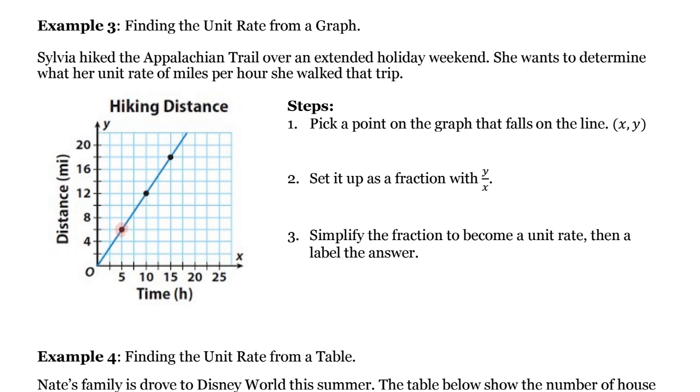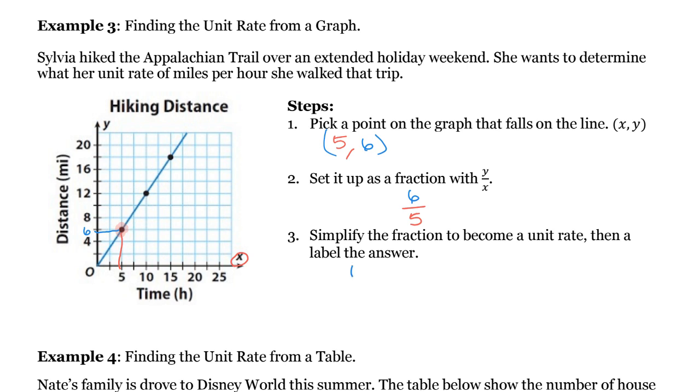Okay. So where that falls out is 5. So my x is 5. So it's 5, comma, and my y in between 4 and 8 is 6. So it's 5, comma 6. So that's the point I'm going to use. Now that I've used that point, I'm going to set it up as a fraction with my y over my x. And I want to simplify that fraction.